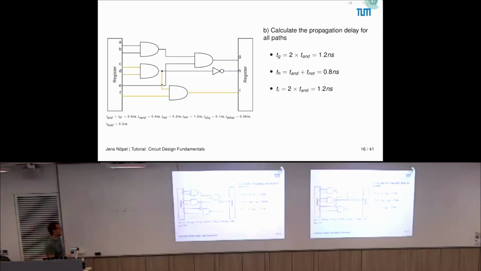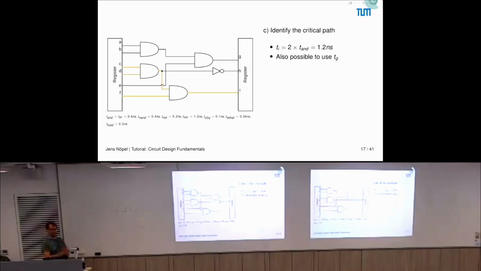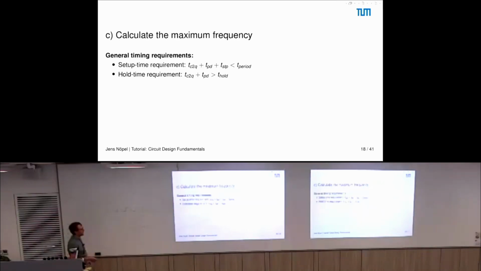All right, so continuing with the I function: it is 2 times the T AND gate, because the path goes through both of them, which makes 1.2 nanoseconds. Now, what is the critical path? We have 2 options because both of them are identical in length. So either we choose Ti or we choose Tg. And now the question is, what is the maximum frequency?